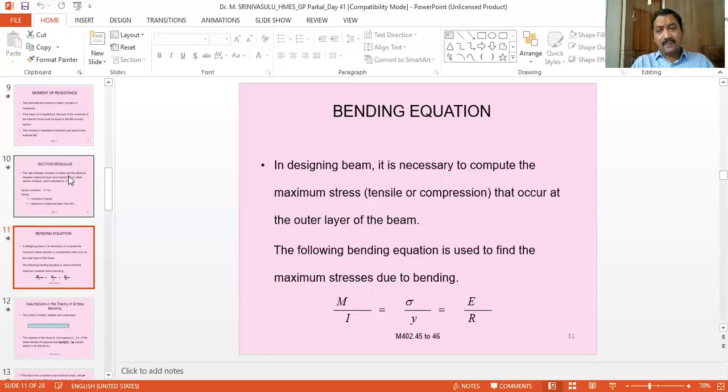E is the modulus of elasticity of the material of the beam, and R is the radius of curvature of the beam. When the beam is subject to external loading, it bends, that means it forms some curvature. The radius of curvature of the neutral axis is called R.